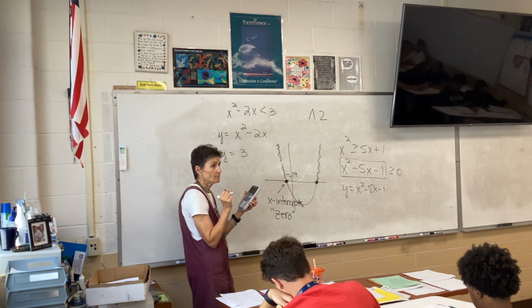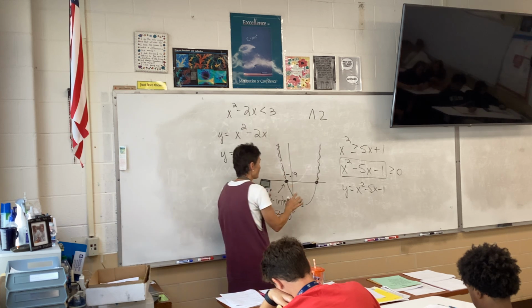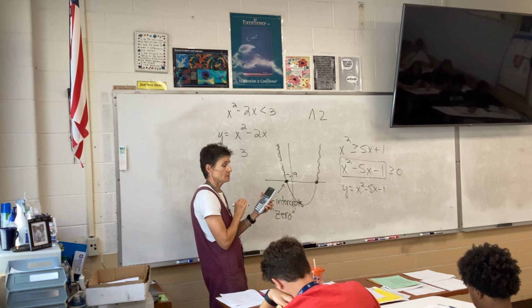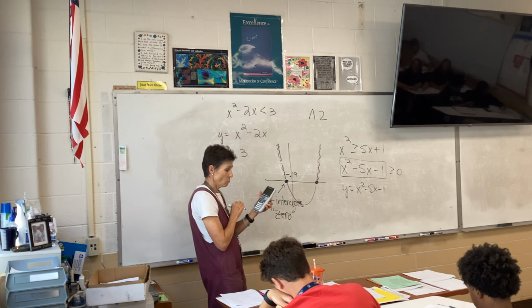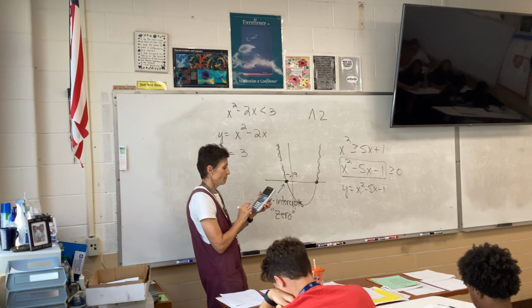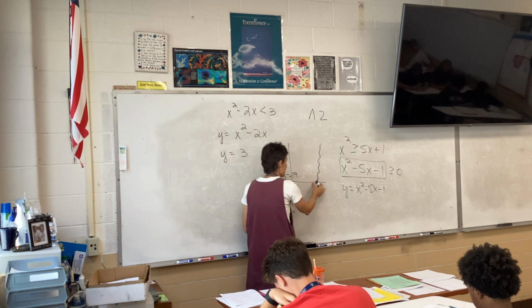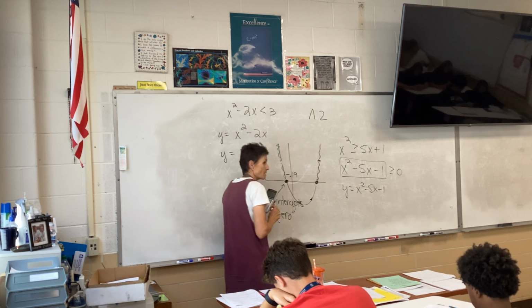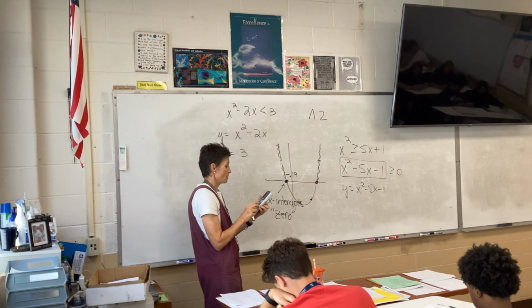Is that okay? Now, repeat the process here. So second calc, 0, enter. Now we want to surround this one. So you're going to move your left bound over here somewhere, your right bound over here somewhere. So left bound, move my cursor with my arrow buttons.